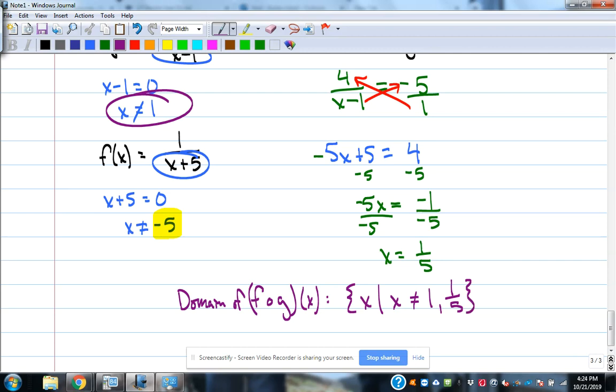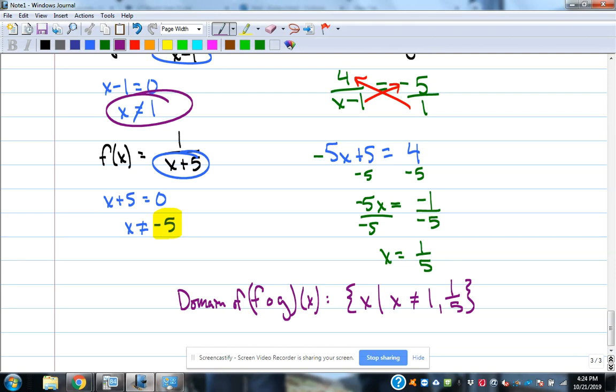The negative 5 is not part of the restrictions, okay? Because we replaced that x with the g of x function, okay? That's why that restriction, it affected the restrictions of the composite function, but it's not one of the ones that we're going to use, okay?